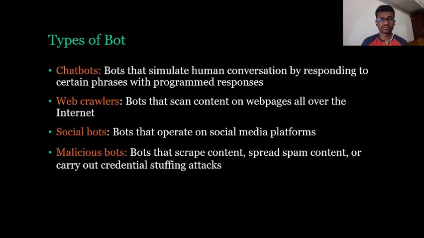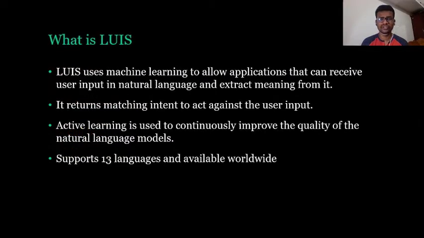So these are the basic types of bots that we already know, like chatbots, which is a human conversational system, and web crawlers which crawl your web pages, and some social bots which post content, or like or comment on the content that we post in social media platforms, which we are going to see a cool demo for right now. And there are some malicious bots as well. You need to be very careful of those also, which will scrape your content and spread spam.